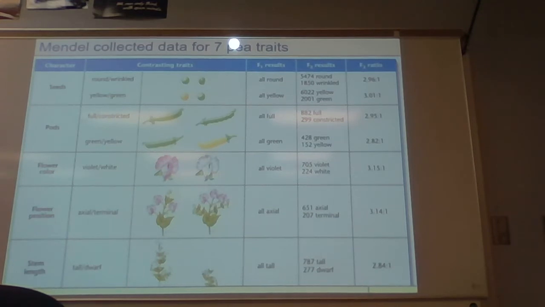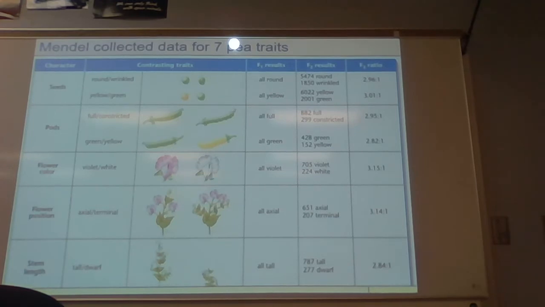Look at this. F1 generations, all round, all yellow. F2, mostly round, mostly yellow, but there are still some outliers. That's why the ratio is that.